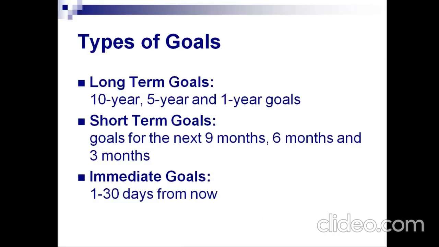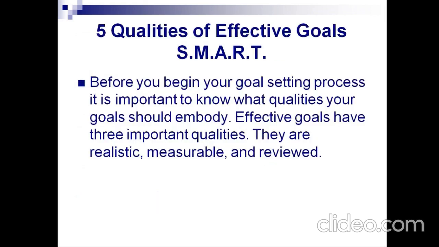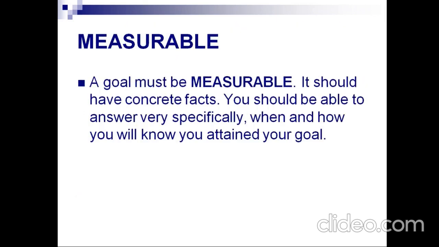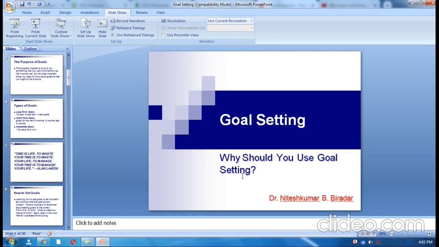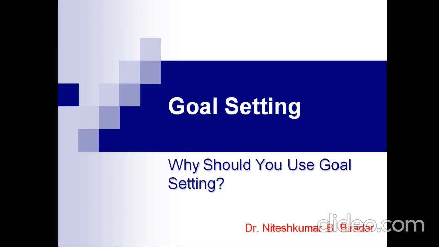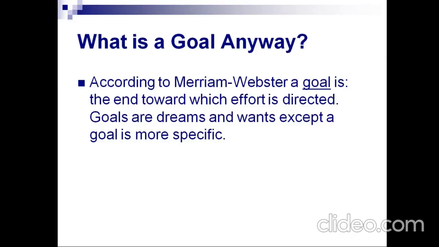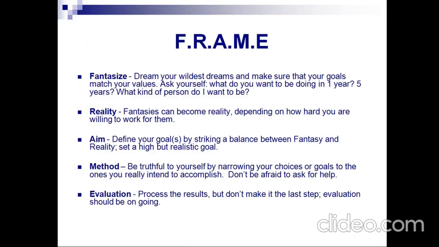Directly from the first slide to types of goals, then frames, qualities, like this you will get only 11 slides in the show. But when you click on from beginning, you will get all 30 slides.